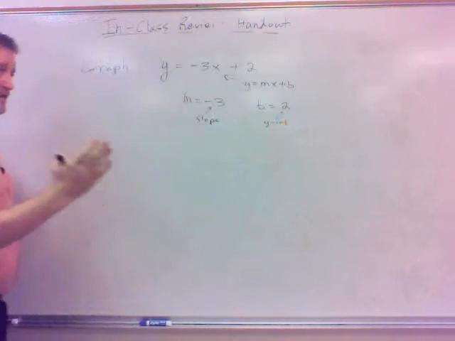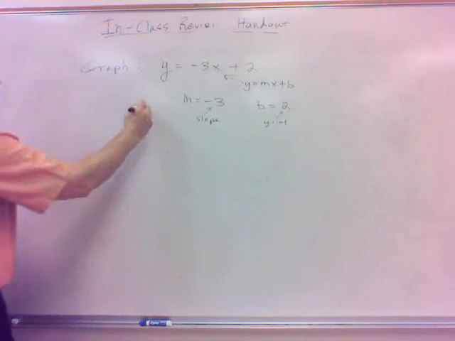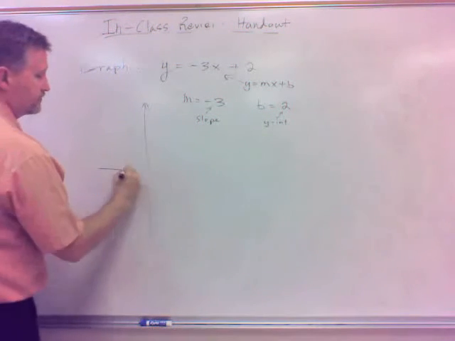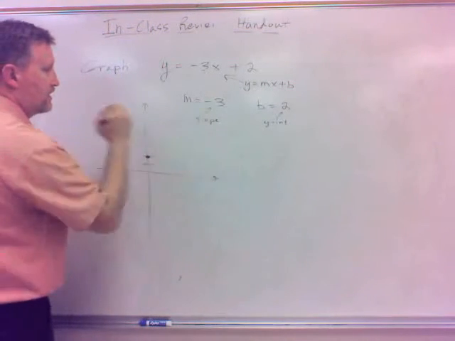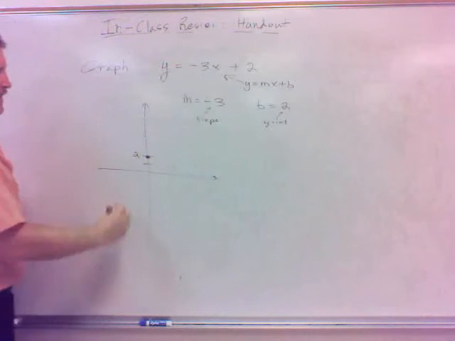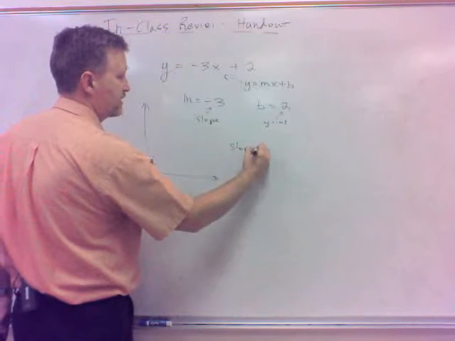And so that is another way I can graph, if it's in y equals mx plus b form. Go to your y-intercept of 2. And then how would I use the slope? Well, slope is rise over run.